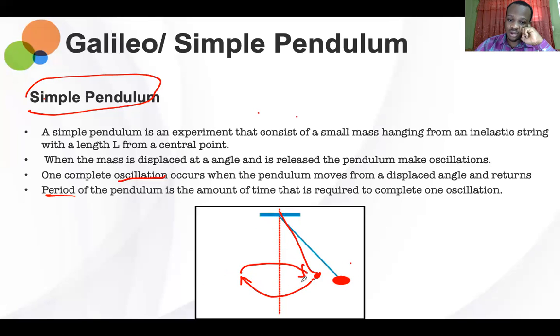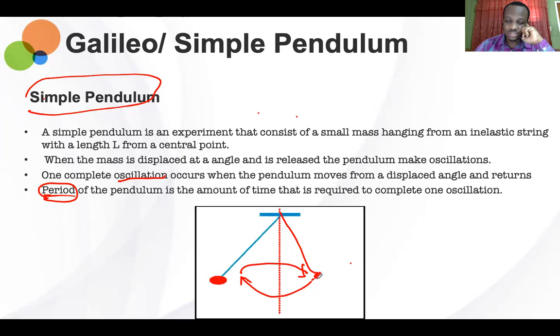We call it one oscillation or one cycle. When the bulb turns like that, we call that one cycle. So you'll find that it will take some time for the bulb to go over here and then return back. That's what we call the period of the pendulum or the period of oscillation. So it's like a cycle. It is going over here and then returning back, going over here and then returning back.